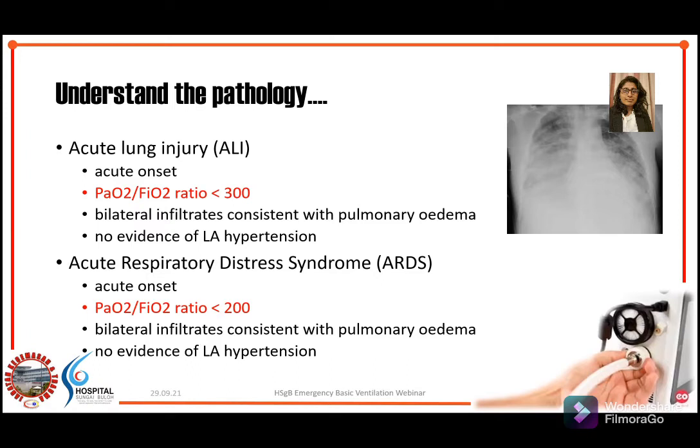And next we look at ARDS. ARDS is acute onset, PF ratio less than 200, and bilateral infiltrates consistent with pulmonary edema. And same as acute lung injury, these bilateral pulmonary infiltrates must not be influenced by cardiogenic pulmonary edema. So the difference between these two is just the PF ratio value: ALI is less than 300, and ARDS is less than 200.